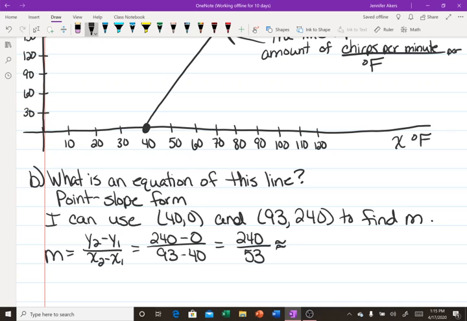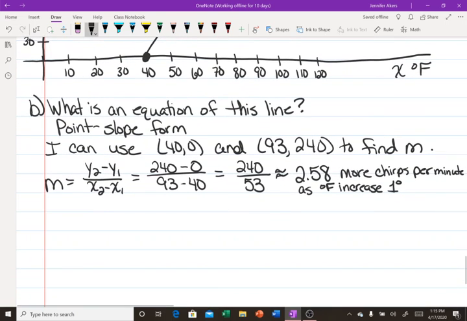So this is about, I'm going to round it, 2.58 more chirps per minute as the temperature increases 1 degree Fahrenheit. Okay, so the chirps increase 2.58 more as the temperature increases by 1 degree Fahrenheit from that 40 degree Fahrenheit.